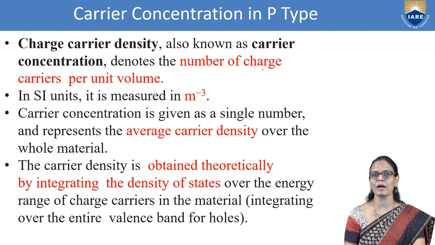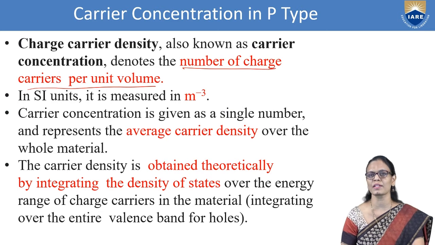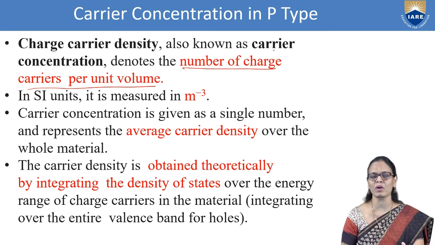It denotes the number of charge carriers per unit volume. This is what we need to understand. In numericals, when they give you the data, they may mention it as carrier concentration or charge carrier density, so it is very important to understand that both mean the same.